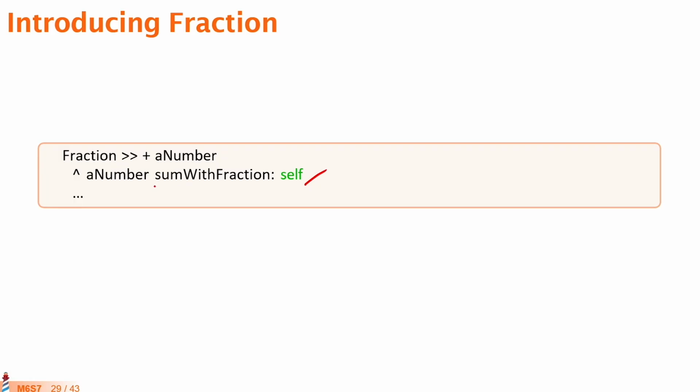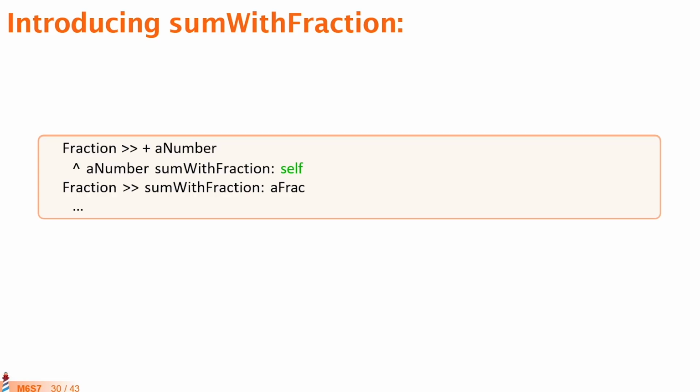And now it means that we will have to define sum with fraction in the class fraction, the class integer, and the class float. So let's start with the class fraction. A fraction plus a fraction, you know the maths.